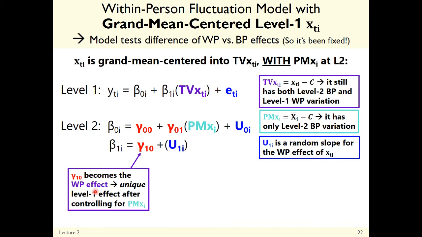The within effect at level 1 is exactly the same that you would get using person mean centering instead. But it's because you've uniqueified time varying X. There's another word for you. We have uniqueified time varying X by controlling it for person mean X. Its unique variance, it's within.